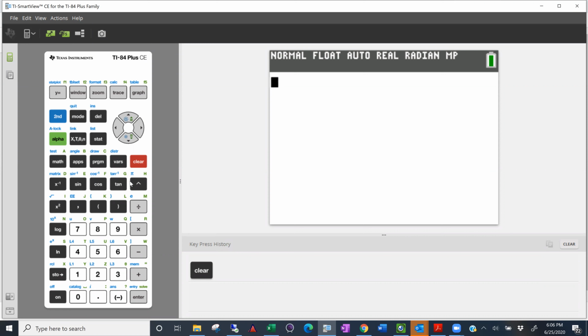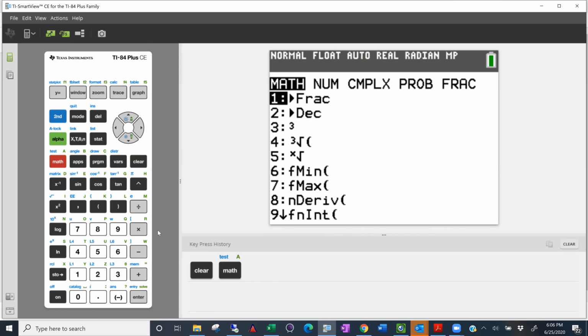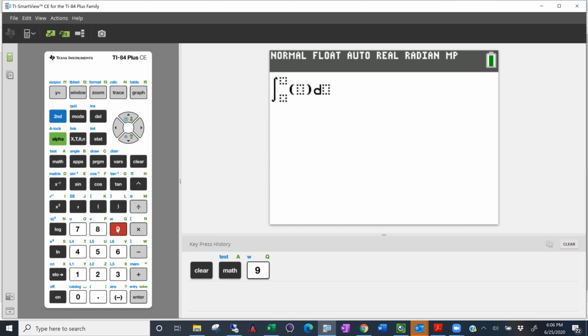If I did that, here's how I'd handle things. I go to the math key, and you can follow along with my stuff down here. I go to the math key, type number 9 to do fnInt. We wanted to integrate from 0, and then up arrow, to 16. I'm going to leave the pi out of this, and I'll tell you why later.